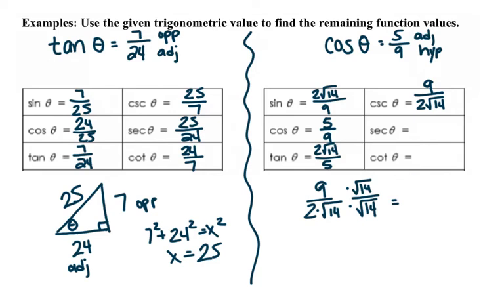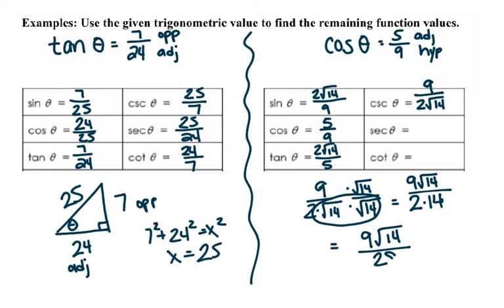Alright, so the top you just multiply across. It will be 9 square roots of 14 over. On the bottom, you have 2 times. When you do square root of 14 times the square root of 14, it's just 14. So this will be 9 square roots of 14 over 28. And then you can reduce, no you can't, 9 over 28 doesn't reduce, so that's actually your answer.